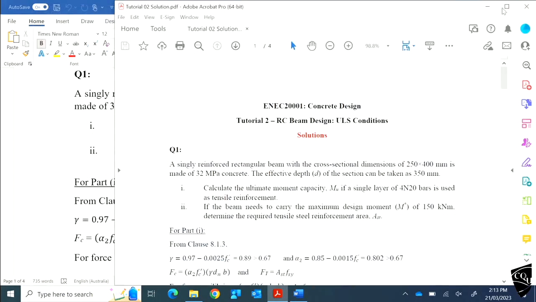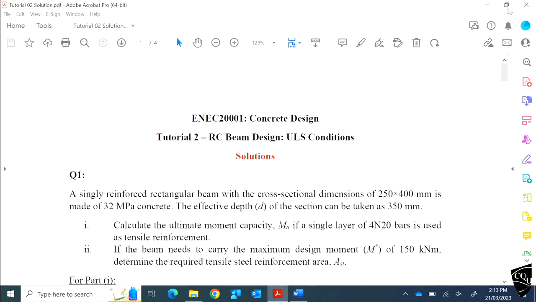If you look at the first question, a singly reinforced beam with a cross-sectional dimension is given, the depth and the width. He asks you to find the Mu value for the beam if you use 4 N20 bars, and if M star is 150, what is the Ast value?